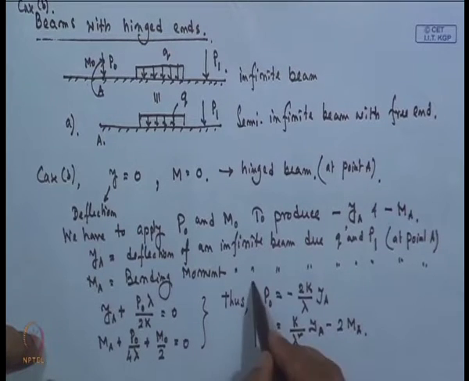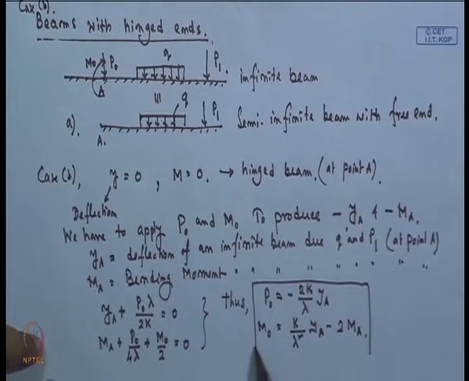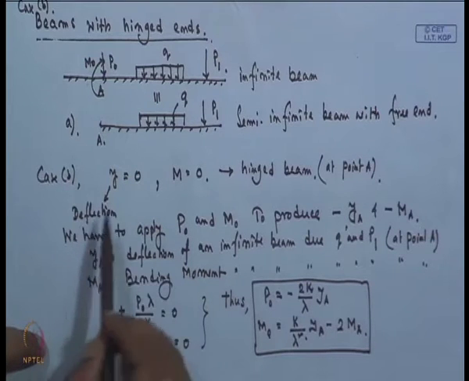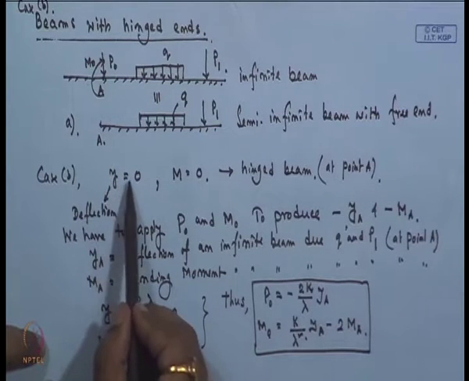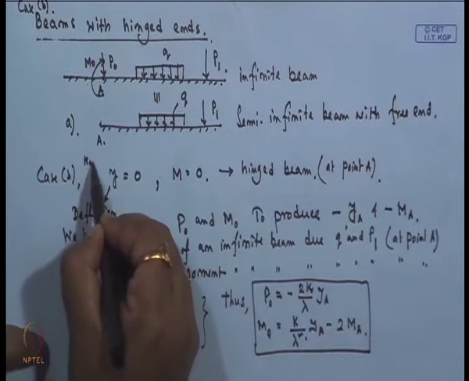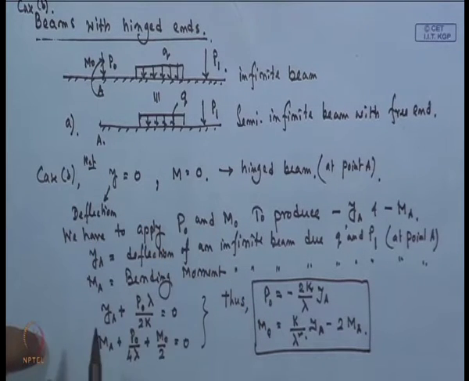Now if we apply these two forces P 0 and M 0 according to these two expressions, then we will get a condition at point A where the net deflection will be 0 and the net moment will also be 0.